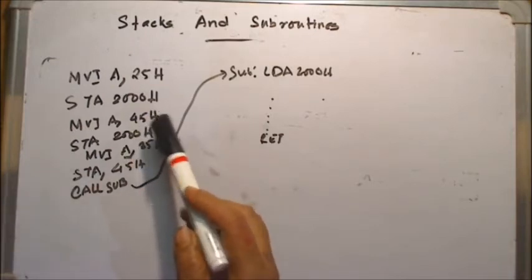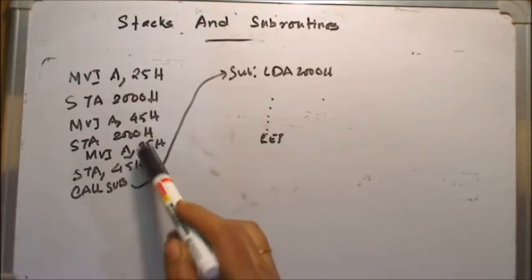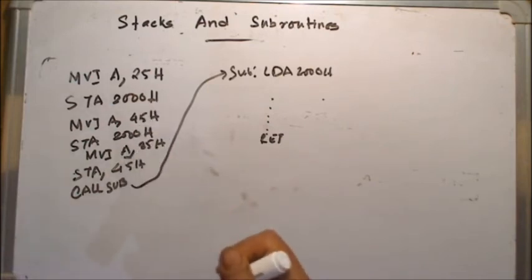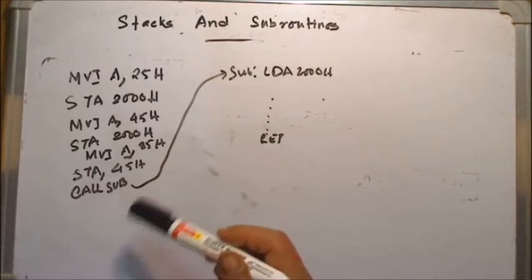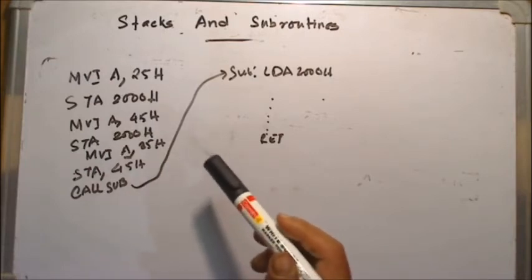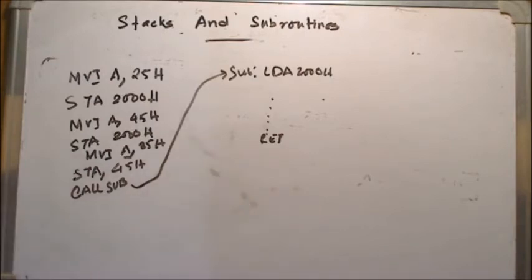Which parameters? 25, 45, and 35. Okay, and as many parameters as you want. All that I am trying to say is that you can pass as many parameters as you want. You are not blocking any registers. So the advantage of this method is you can pass multiple parameters. Understood?